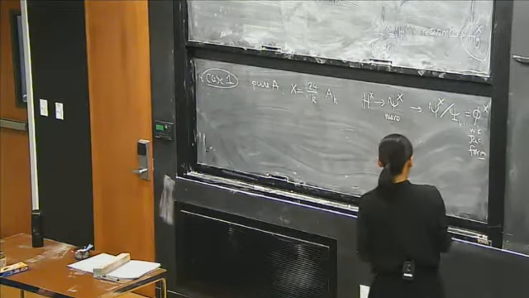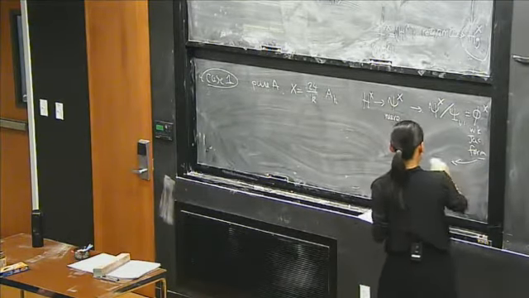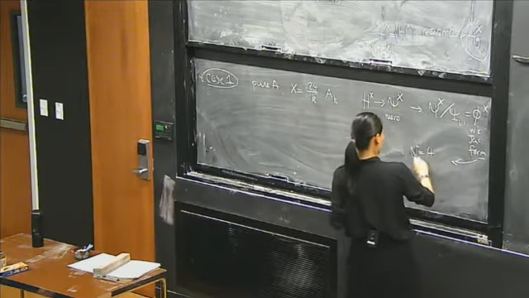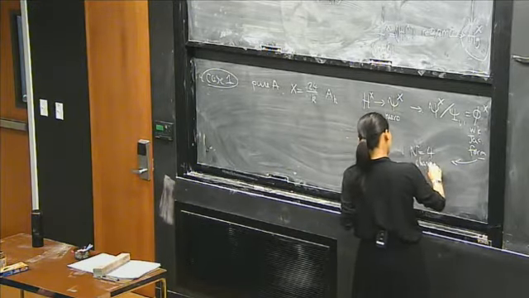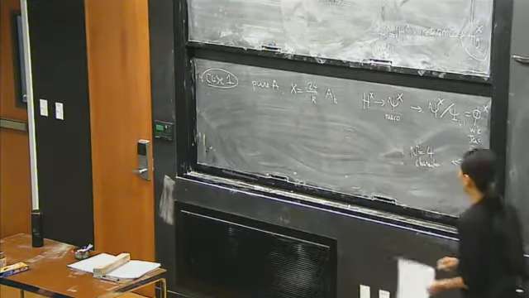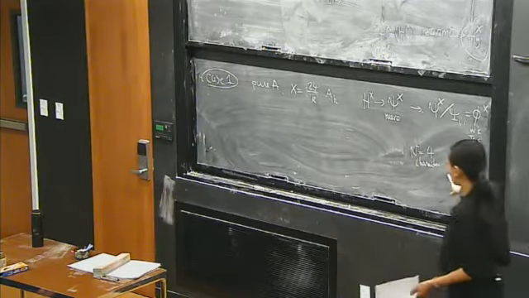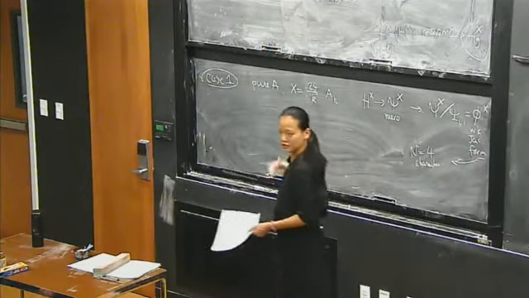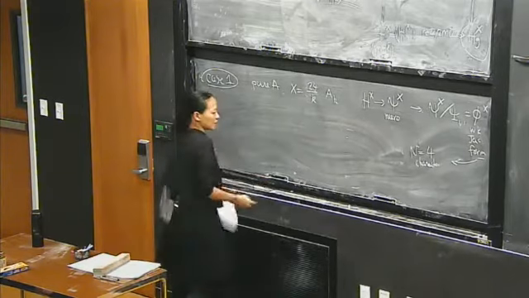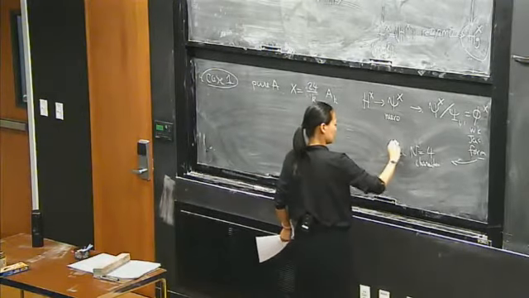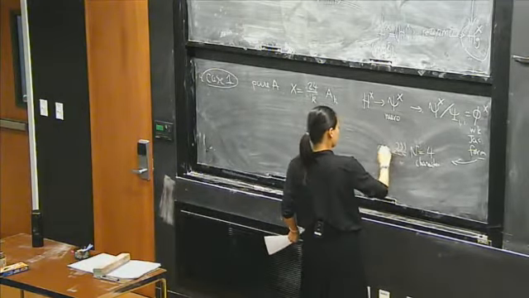So again, it then leads to an N equals 4 character decomposition, but which has no clear CFT interpretation. Probably not.